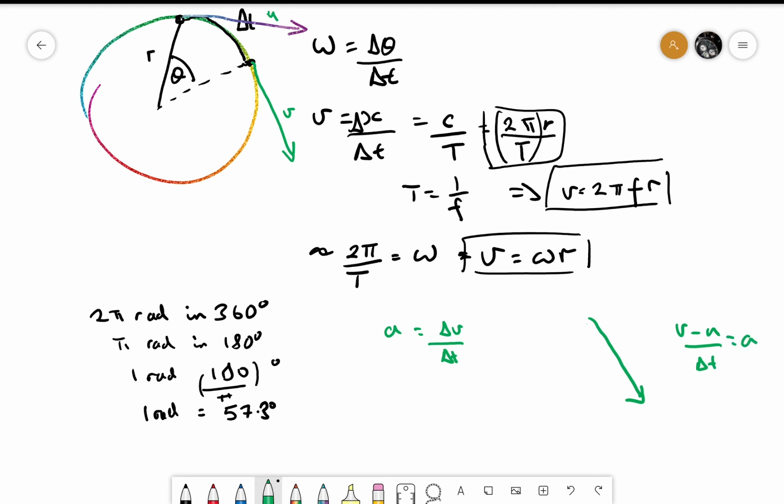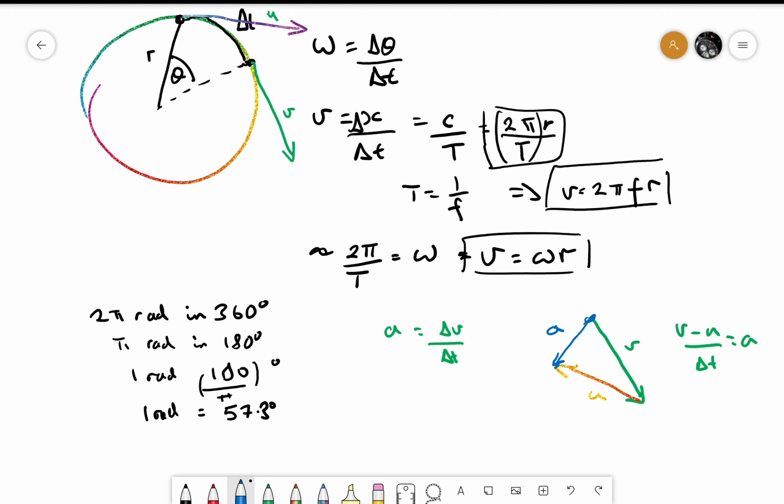So that's my v. And then I want to minus u from it. So minus u, well, it's not quite right, but you can see where this is going. And then can you see that I've got a change in velocity in that direction, which gives me the direction of my acceleration.